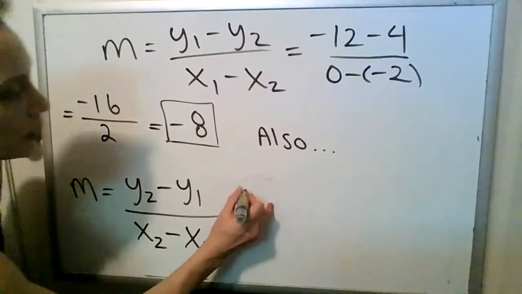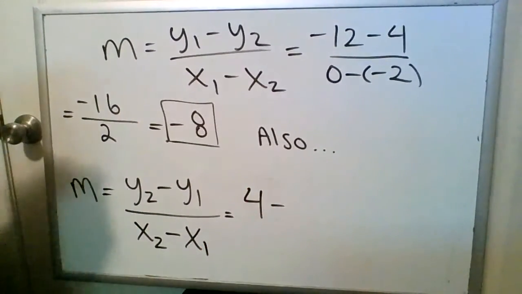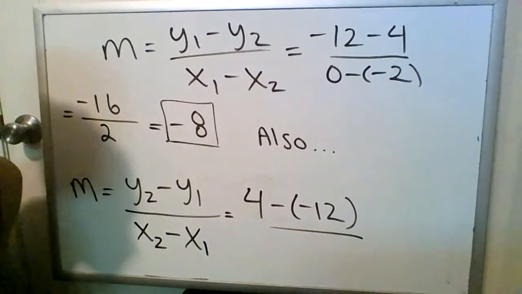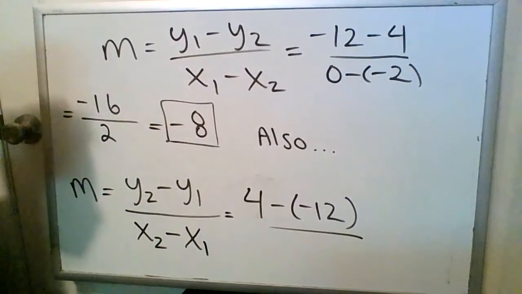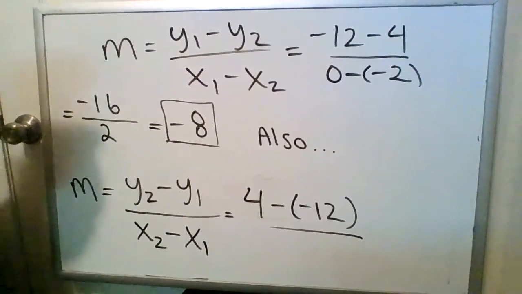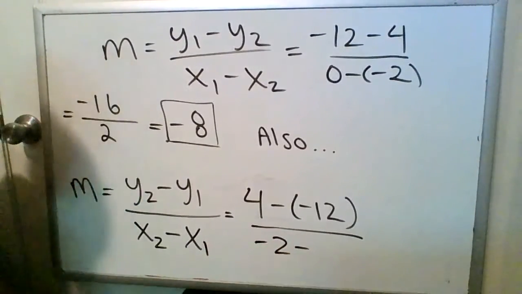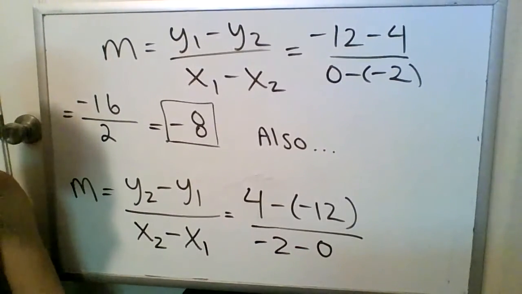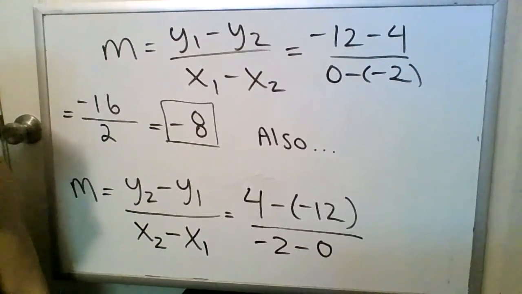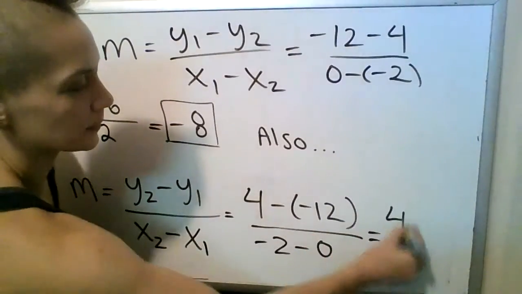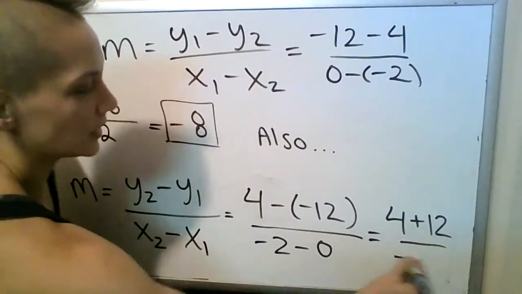Y sub 2 is 4. Okay, we're going to do 4 minus the other value of negative 12. There we go. X sub 2 is negative 2. Minus 0. Or plus 12, over negative 2.